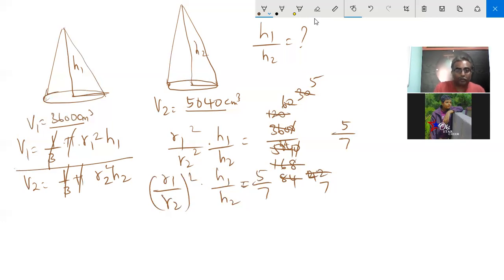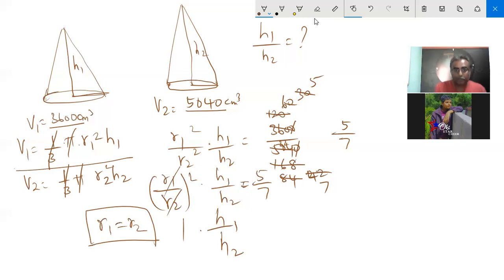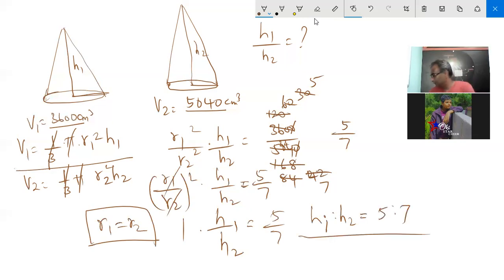No problem. R1 is equal to R2 because the problem says the two cones are of same base radius. Okay, so R1 by R2 the whole square becomes 1. Therefore, H1 by H2 is equal to 5 by 7, or H1 is to H2 equal to 5 is to 7. That's all. Very simple sum.